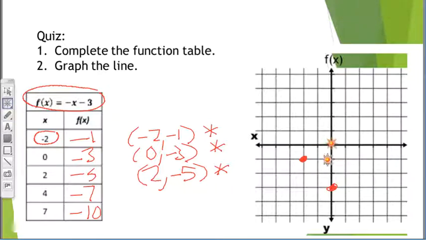From the origin, we move 2 to the right and then down 5. 1, 2, 3, 4, 5. 2, negative 5. And once we have graphed at least 2 points, we can graph the line.